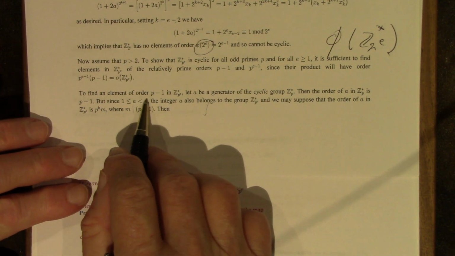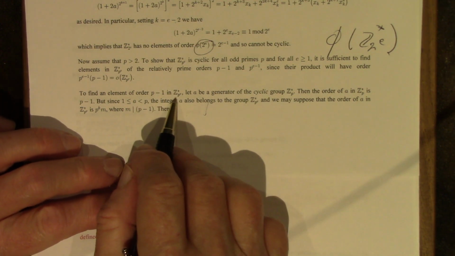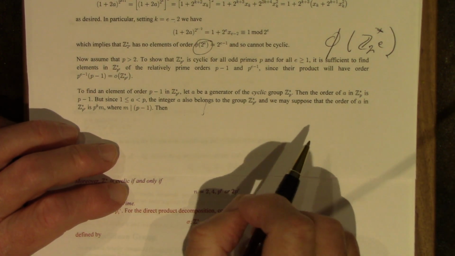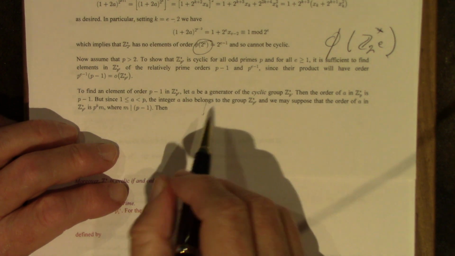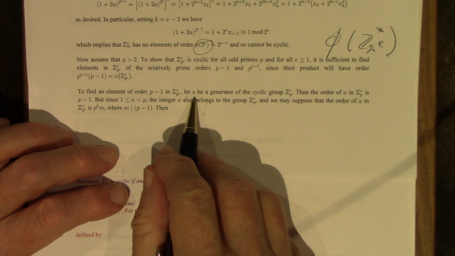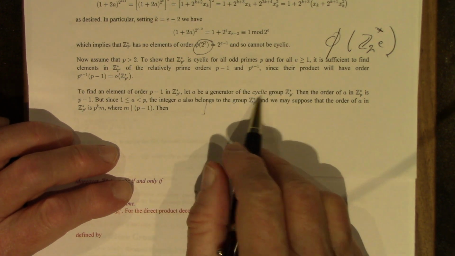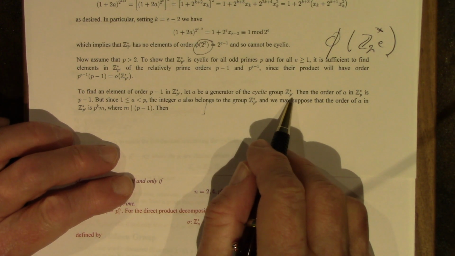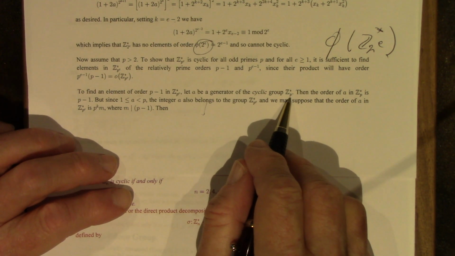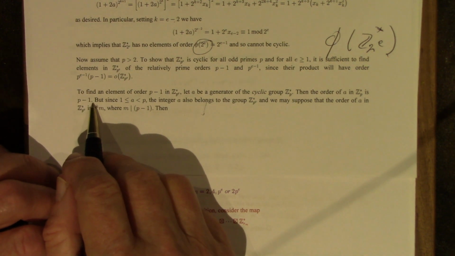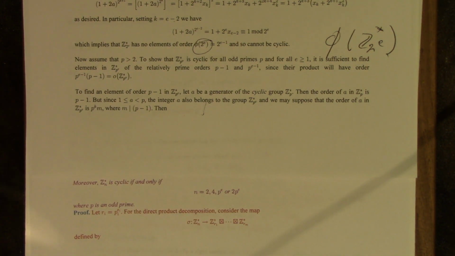First, we need an element of order p minus 1 in this group. Well, here is one way to find such an element. Let a be a generator of the cyclic group Zp star. We know Zp star is cyclic. So the order of a in Zp star is p minus 1. That's kind of a step forward.